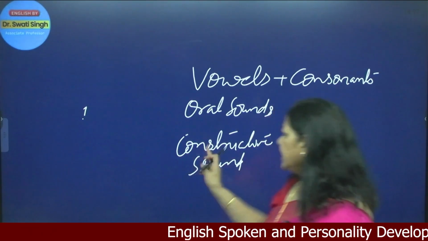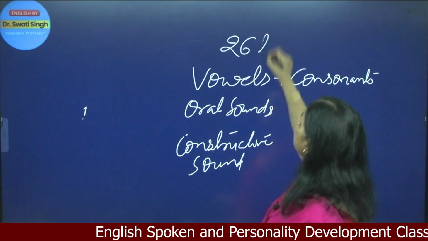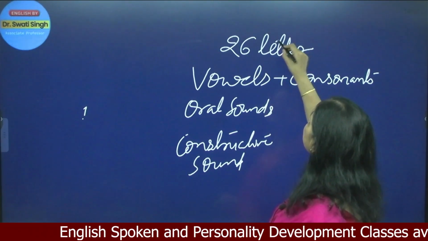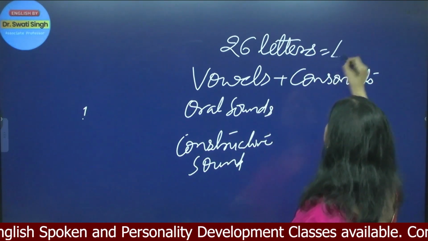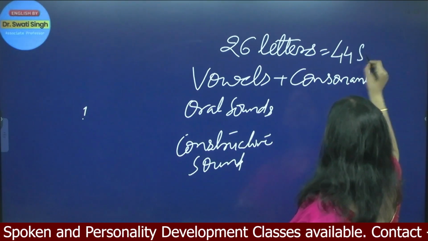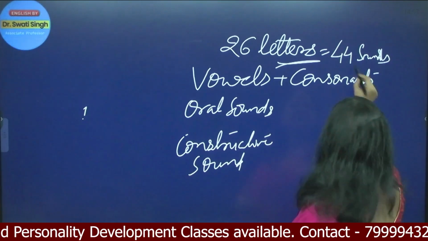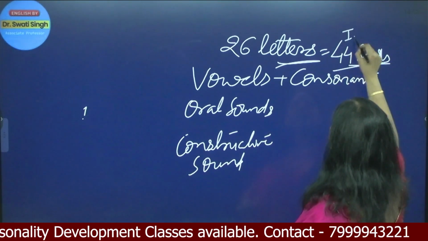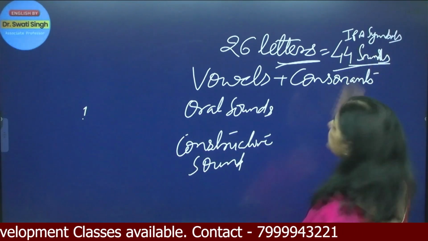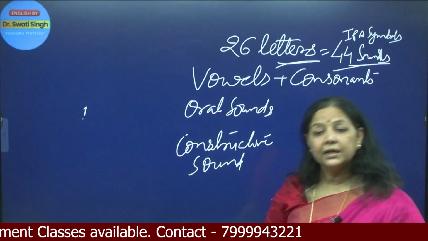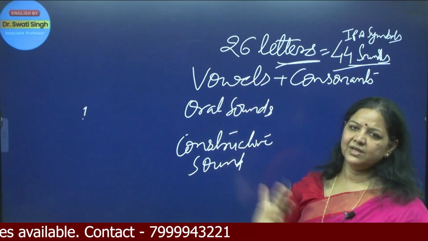But again, according to English there are 26 letters, but phoneticians have given 44 sounds. Here, please take a note. These are the letters, but these are the sounds or IPA symbols, the International Phonetic Alphabet, which are known internationally, common everywhere.